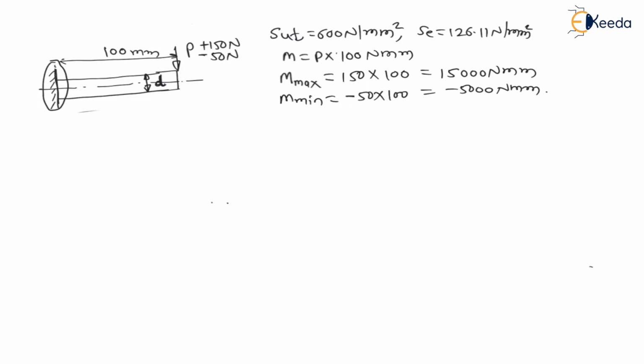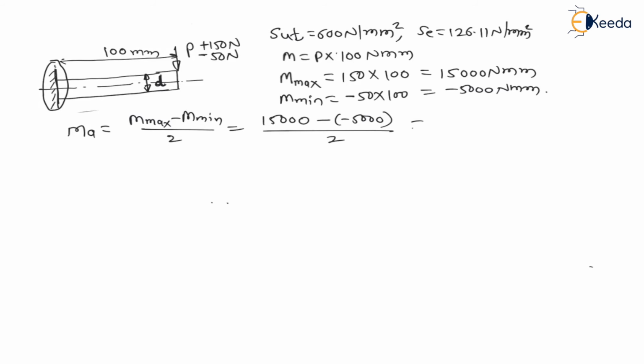Now if I want to find the magnitude of this bending moment, the bending moment amplitude is maximum bending moment minus minimum bending moment divided by 2, which is 15,000 minus minus 5,000 divided by 2, which is 10,000 Newton-mm.